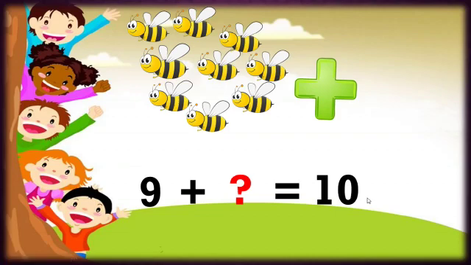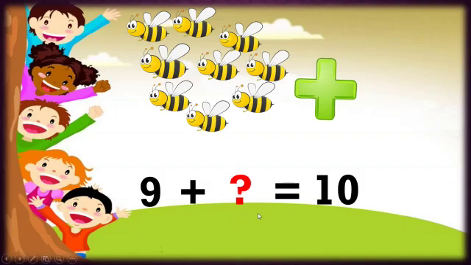Our next question is very interesting also. Here we have 9 honeybees. Count it with me. 1, 2, 3, 4, 5, 6, 7, 8, 9. How many honeybees do we have? 9 honeybees.